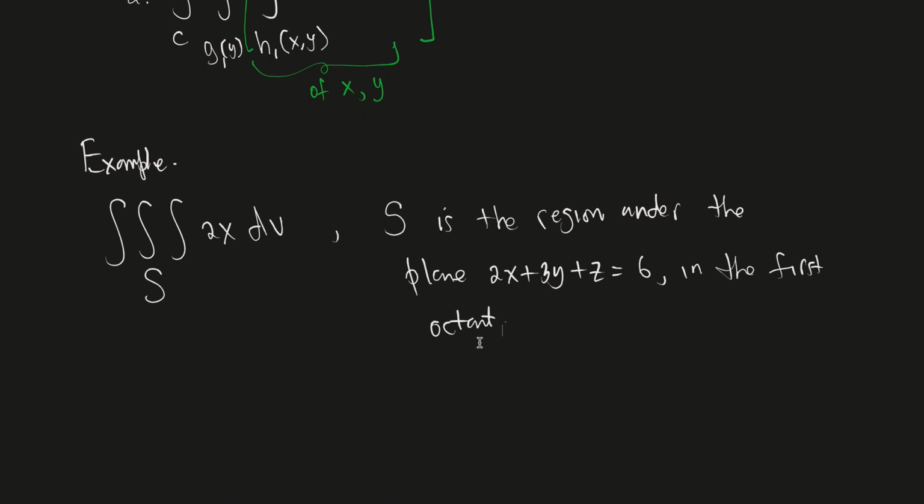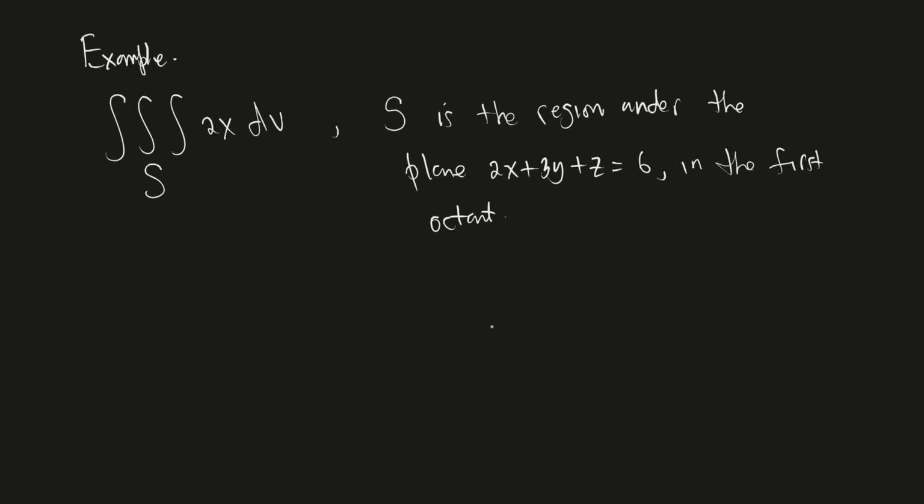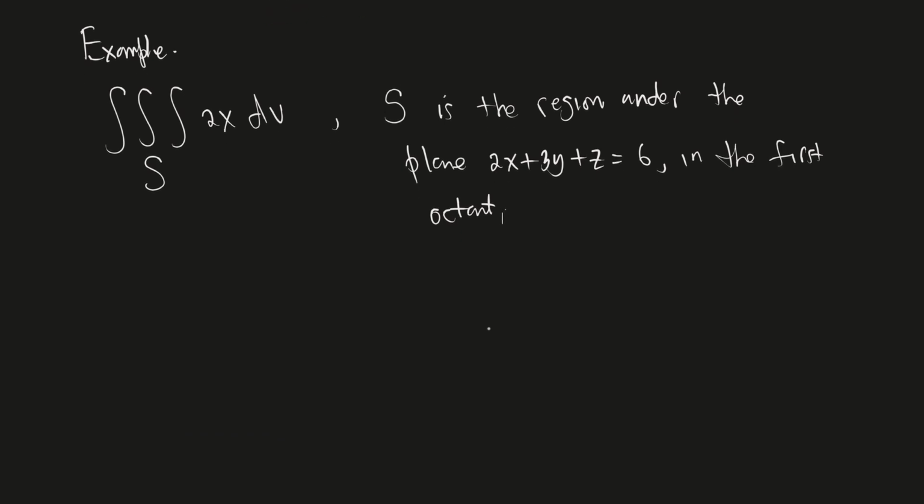Okay, so notice we have no limits currently, and we have to make sense of what we mean by in the first octant. Well, the first octant, just like in two dimensions, you have quadrants: quadrant one, quadrant two, quadrant three.